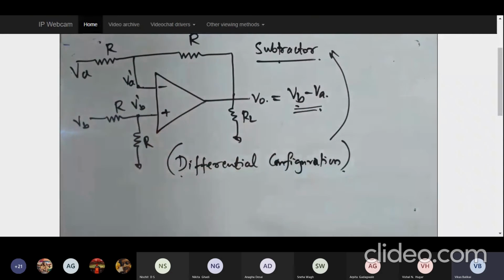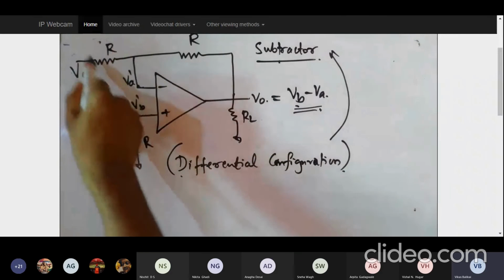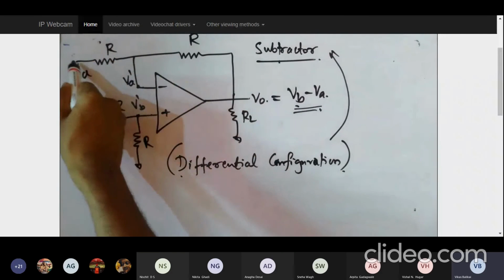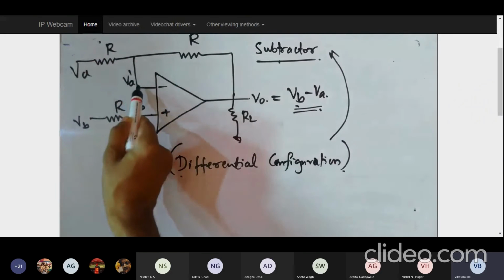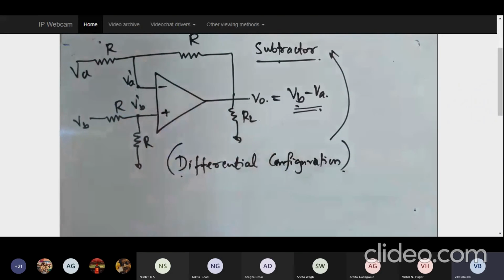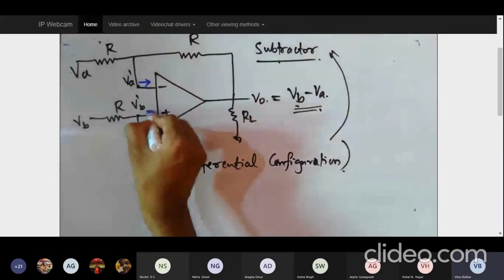Just remember, in the very first class we tried to figure out how voltage division plays a vital role in identifying the inputs. There can be any number of resistances and other components here. You give 10 volts, but ultimately what is the voltage that is entering your op amp, that matters a lot. So whenever we try to identify the input voltages, it is the input voltage of the op amp we need to consider.